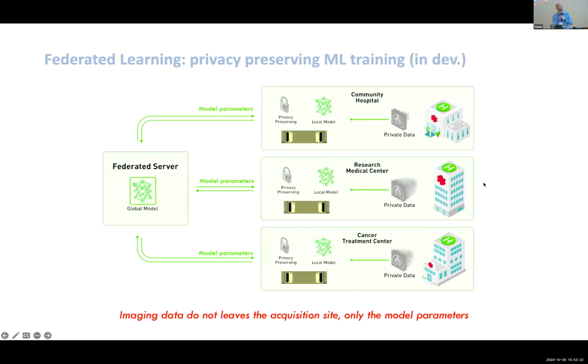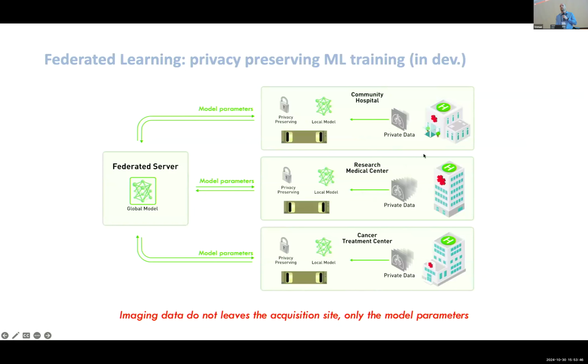And then finally, we also have the federated learning feature, which is for data which is too sensitive to really leave the site where it's acquired. So in one case, we have full body photography data, which needs to stay on site.